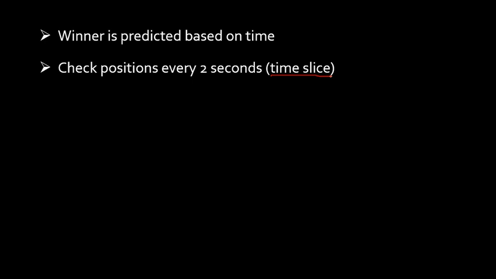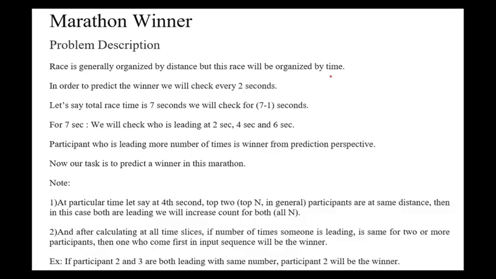Okay. Next point. Let's say total race time is 7 seconds. We will check for 7 minus 1 second. What do you observe here? If the total race time is 7 seconds, we will not check for the entire 7 seconds. We will check only for 7 minus 1 second, which means the last second is not taken into consideration. Even though you have 7 seconds, don't consider the last second.